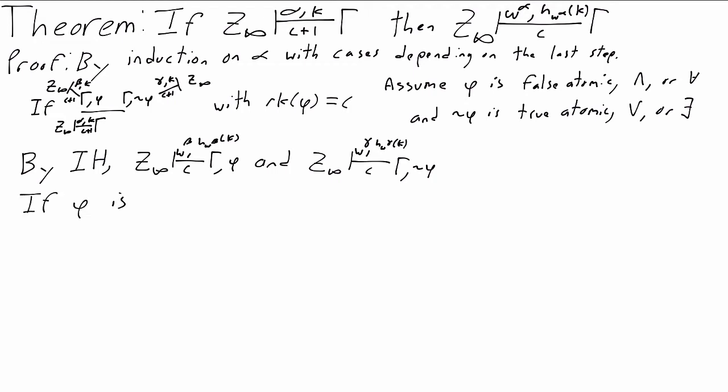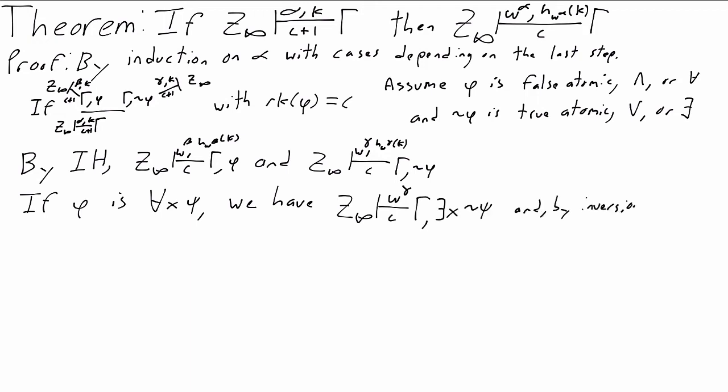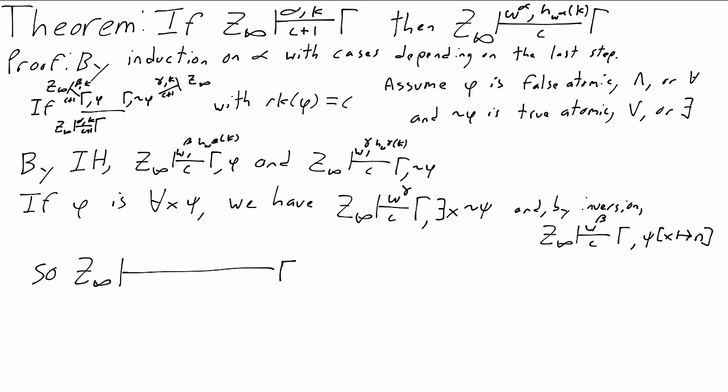Finally, if φ is for all ξ, we can use inversion for all formulas. For each n, we have a deduction of Γ, ψ(n), and again our reduction lemma applies. We have a deduction of Γ with bounds ω^β + ω^γ, h_{ω^β + ω^γ}(k).